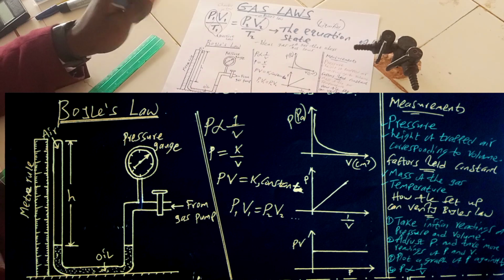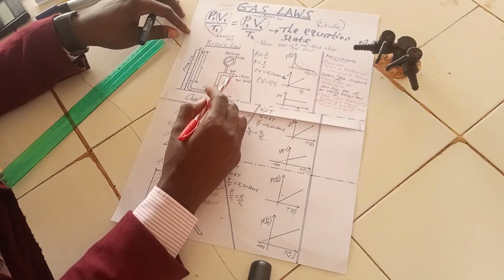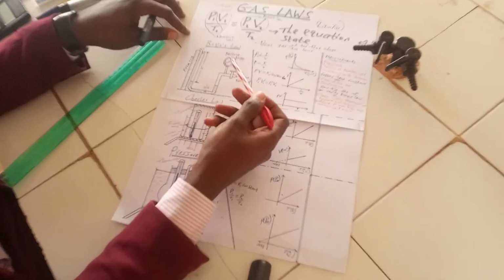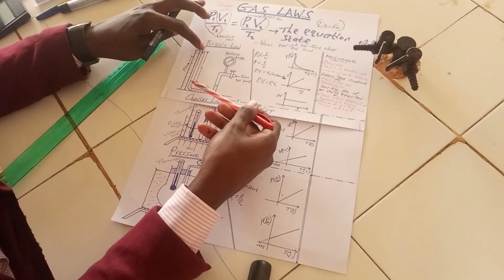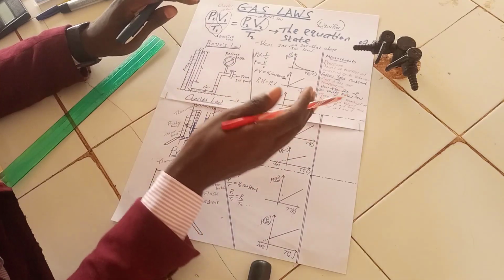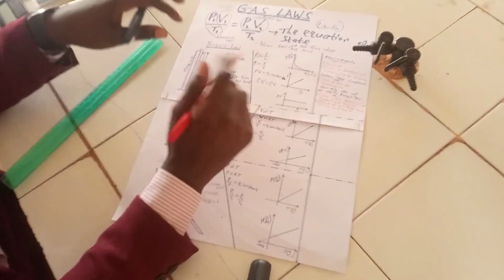You adjust the pressure from the gas tap, and then you take more readings of pressure and the corresponding values of volume. In other words, you are reading more values of pressure and volume.